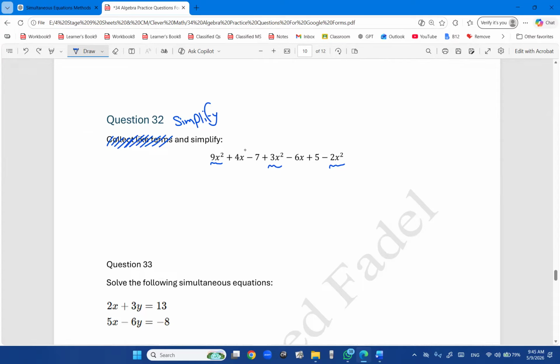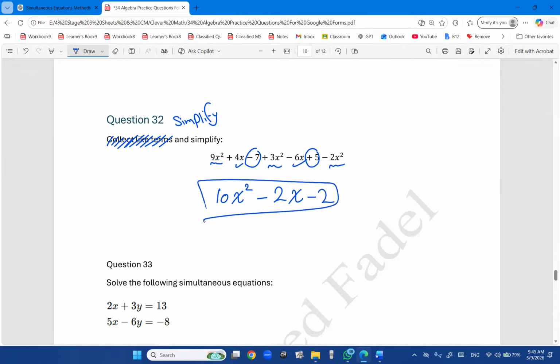So it is 9x squared plus 3x squared, which is 12x squared, minus 2x squared is 10x squared. Positive 4x minus 6x is negative 2x. Negative 7 and positive 5 is negative 2. Then you leave it this way.